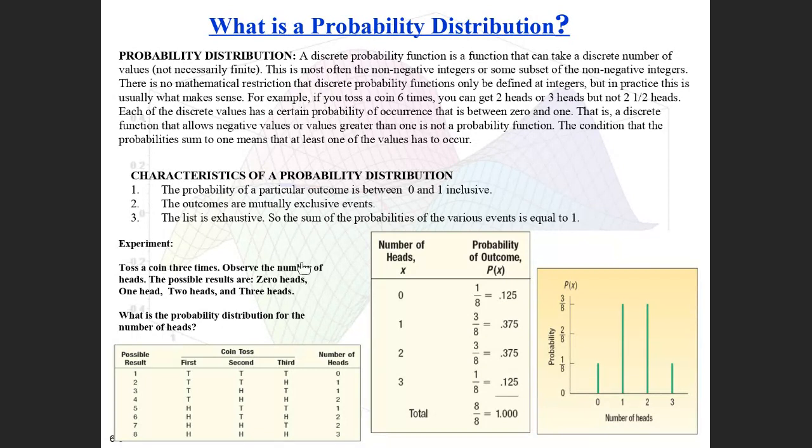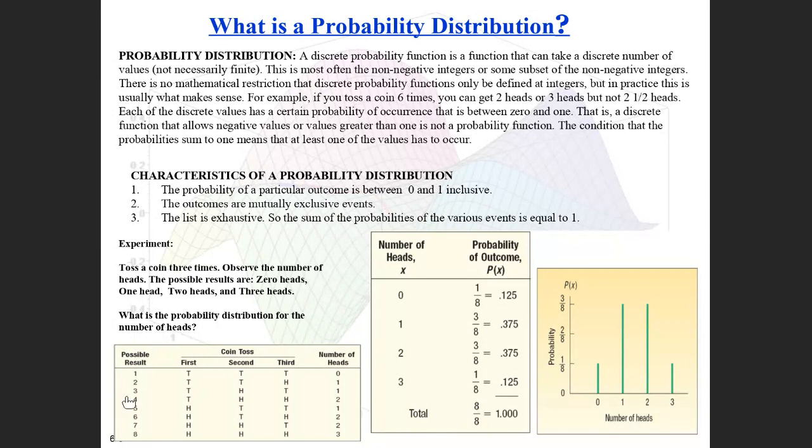So here we have an experiment. We toss a coin 3 times and observe the number of heads. Possible results are 0 heads, 1 head, 2 heads, and 3 heads. So what is the probability distribution for the number of heads?